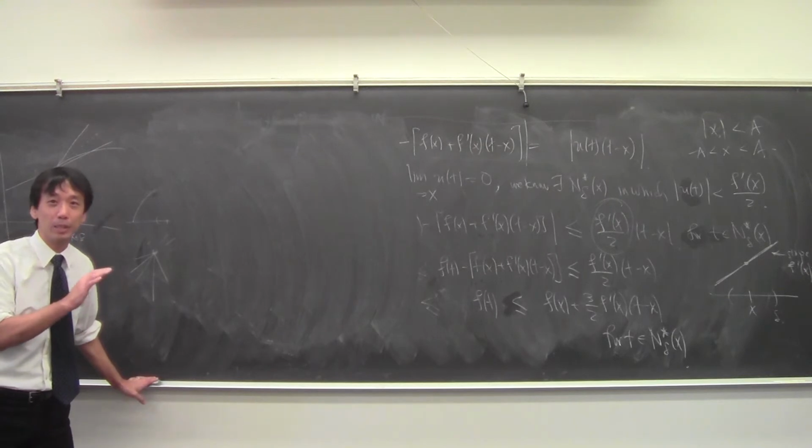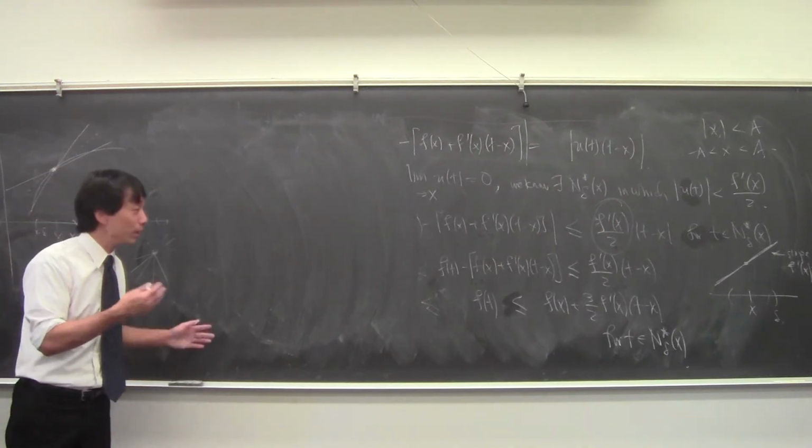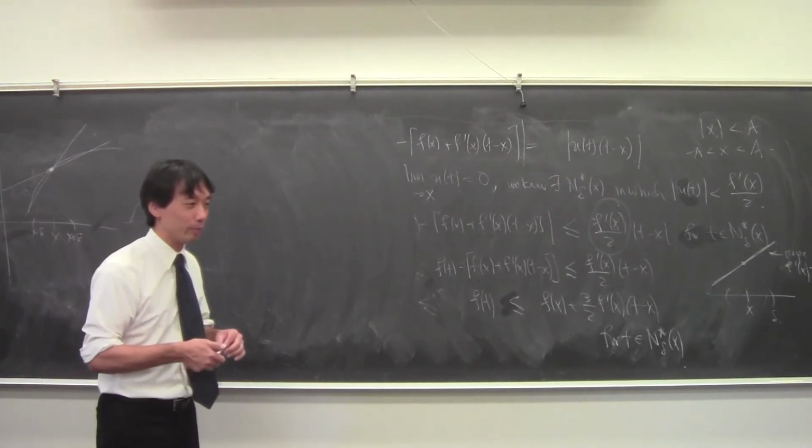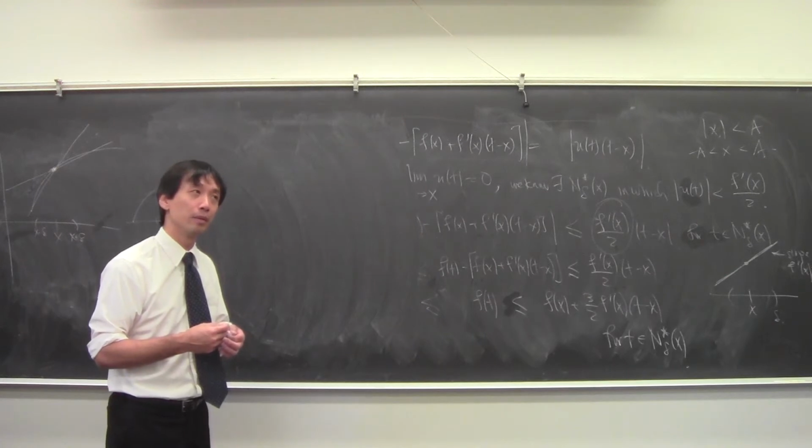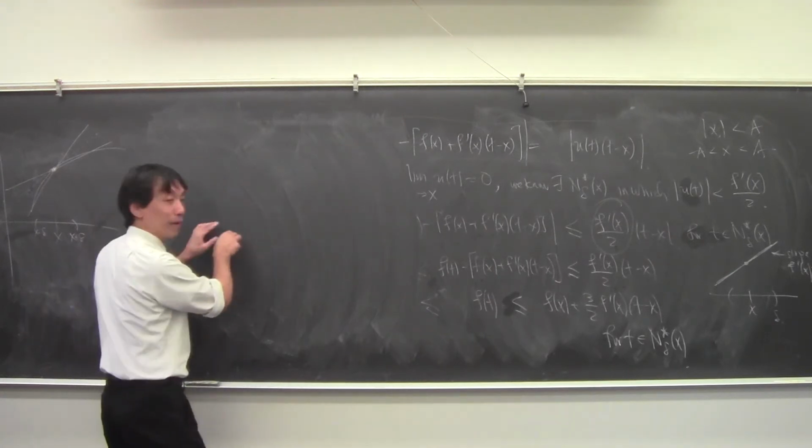So this is what differentiability means. This is a deeper way of understanding what differentiability means. Yes? So we can't trap a point between two lines. We're going to trap the graph of the function, right?